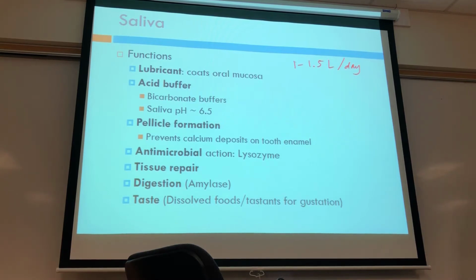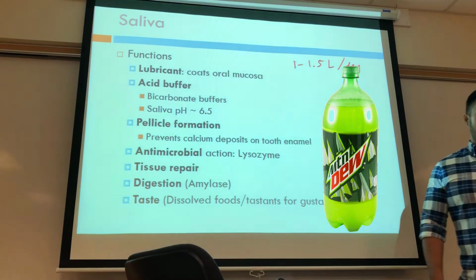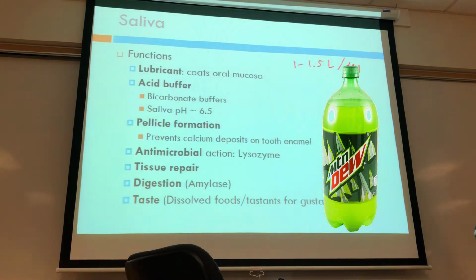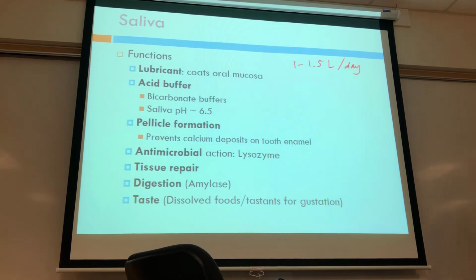Another thing too is soda. Those that drink soda, and I know I drink quite a bit of it, even diet though, there are studies that show that diet soda isn't really that great for you. But soda in general contains citric acid, and citric acid will actually lower the pH of your mouth. And so what you'll notice about soda consumption is that you produce a lot of saliva. And what comes in saliva?